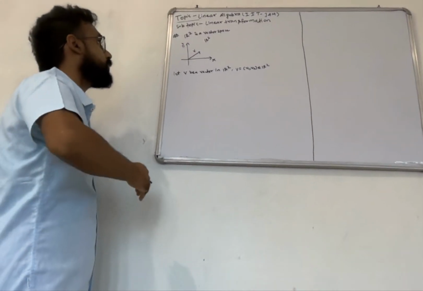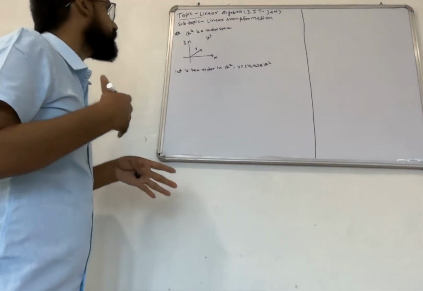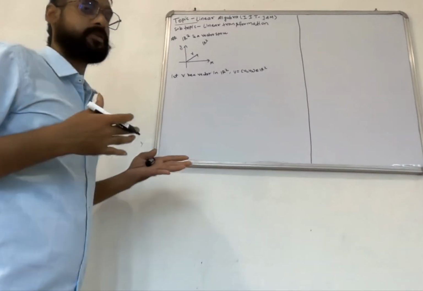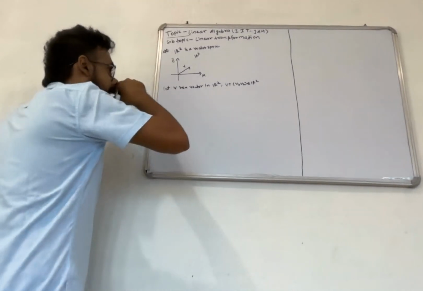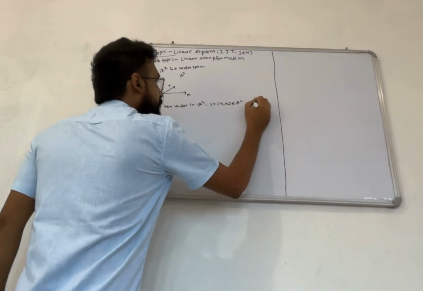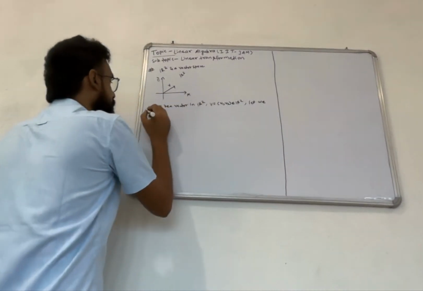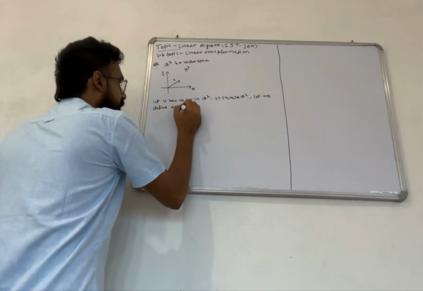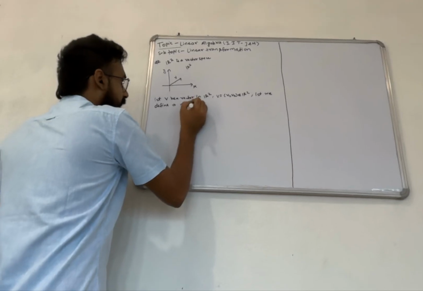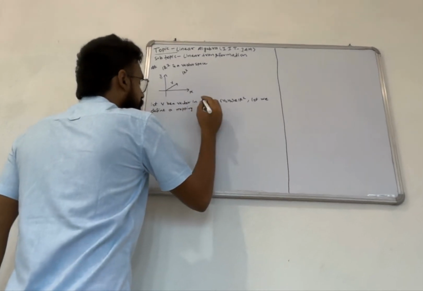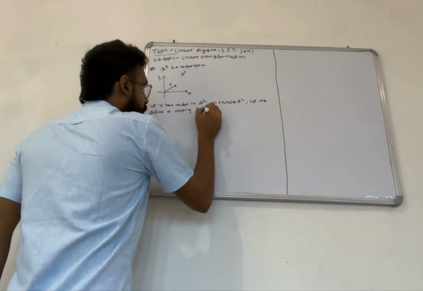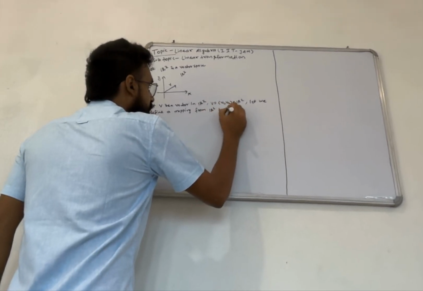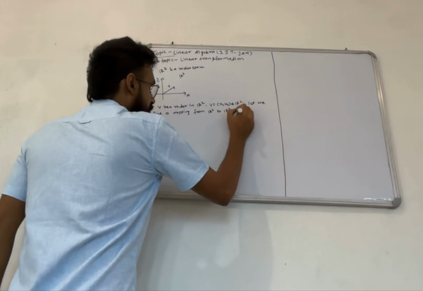Suppose we define some kind of mapping. We define a mapping from R2 to R2 space.